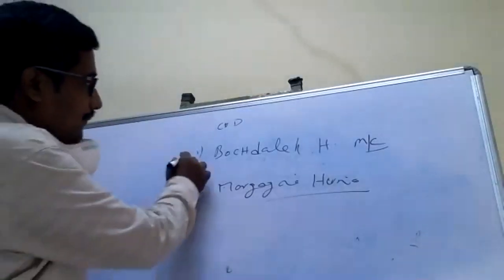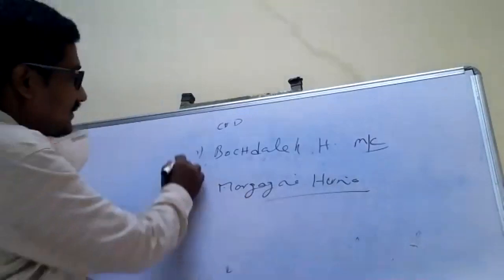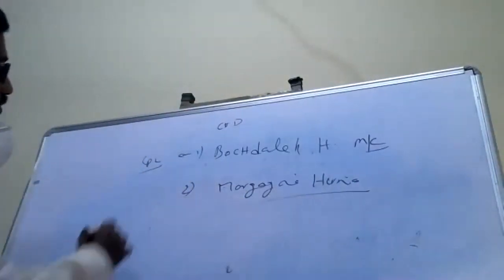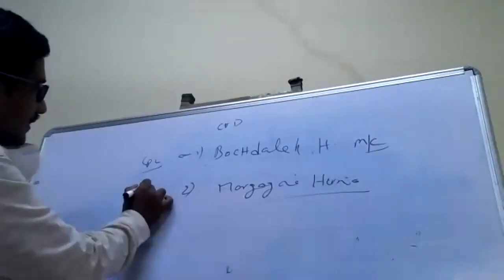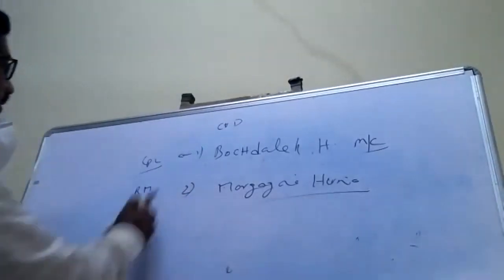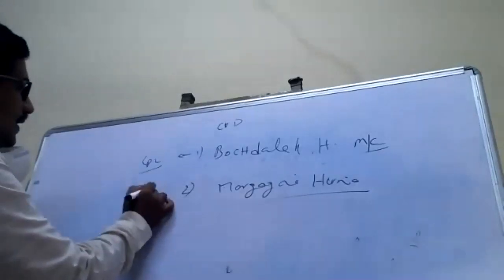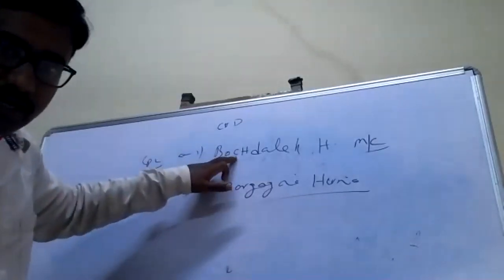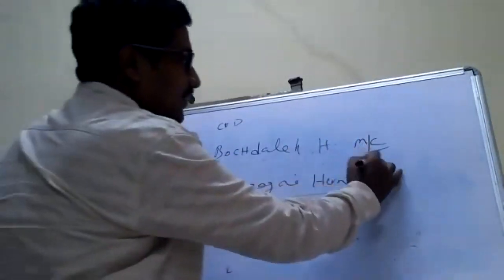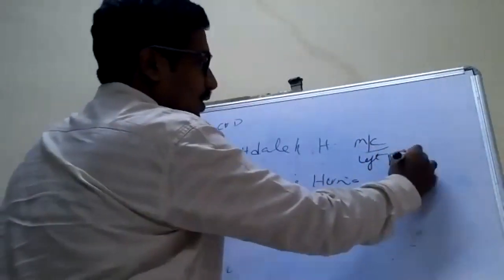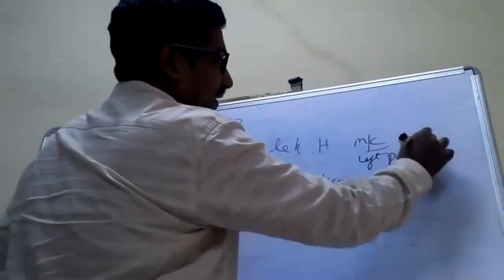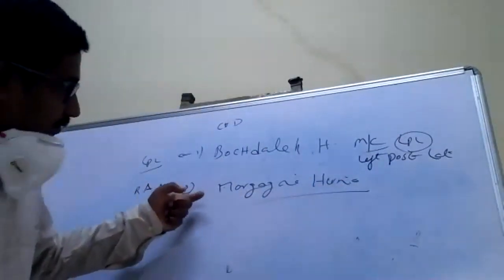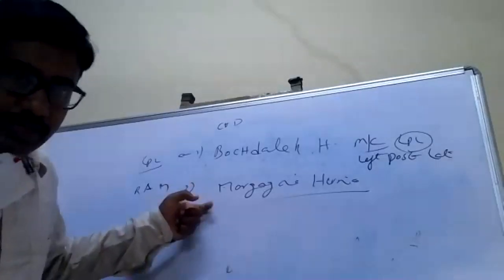For Bochdalek diaphragmatic hernia, the code is LPL, whereas for Morgagni hernia, it is the reverse of L, that is RAM. What is LPL? The herniation of the abdominal contents occurs through the left posterolateral area into the thorax.